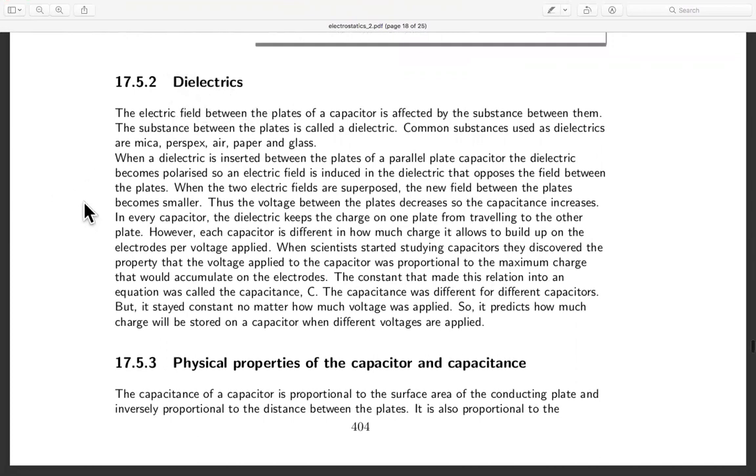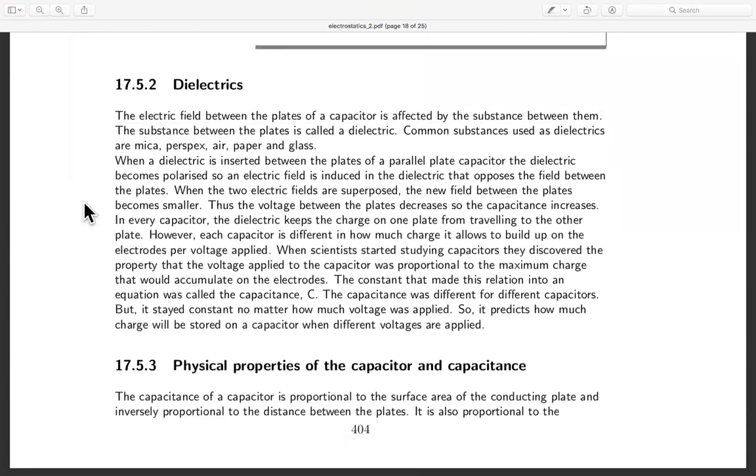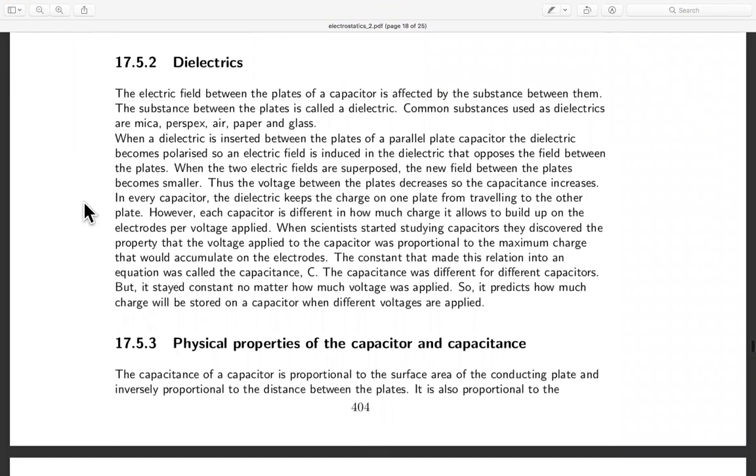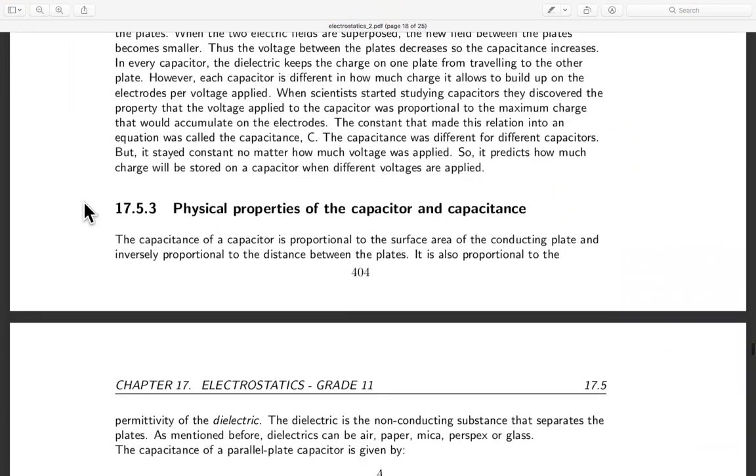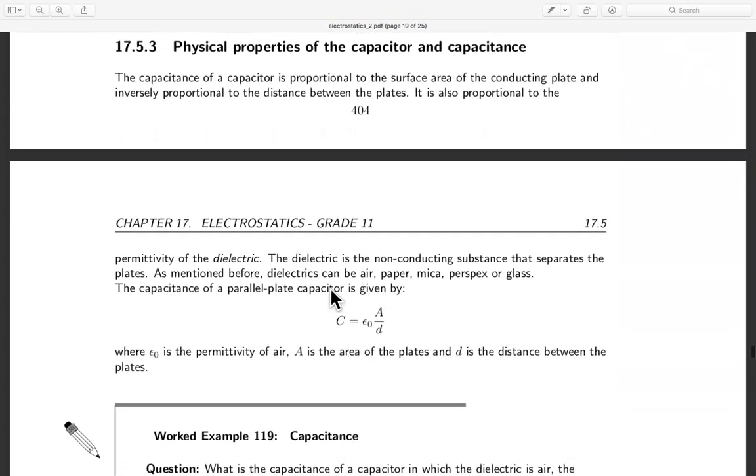When there is a medium between the two plates, some material, we have another formula of capacitance: C equals epsilon zero, the permittivity of the medium, in this case air, times A over D. A is the cross-sectional area, and D is the distance between the two plates.